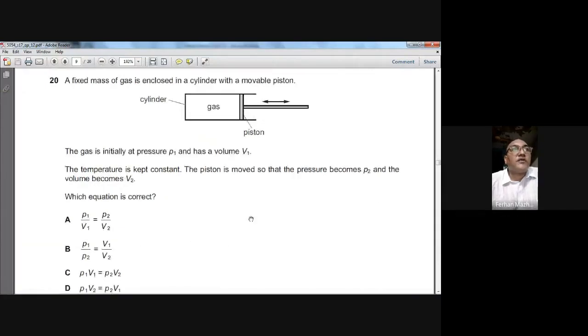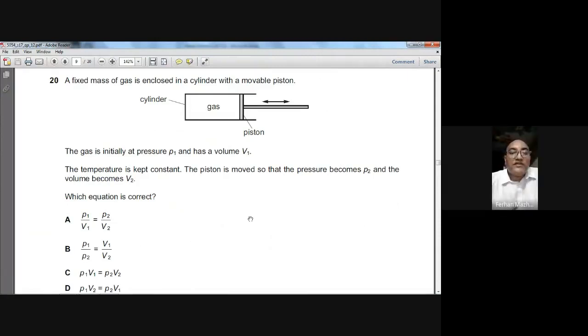Okay, on your screen we have question number 20. A fixed mass of gas is enclosed in a cylinder with a mobile piston. The gas is initially at pressure P1 and has a volume of V1. The temperature is kept constant. The piston is moved so that the pressure becomes P2 and the volume becomes V2. Which equation occurs?